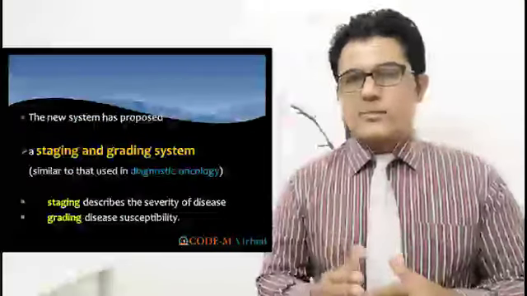As we told you earlier, aggressive and chronic periodontitis were removed from this new classification, and they added one title, periodontitis, based on a model of a staging and grading system.